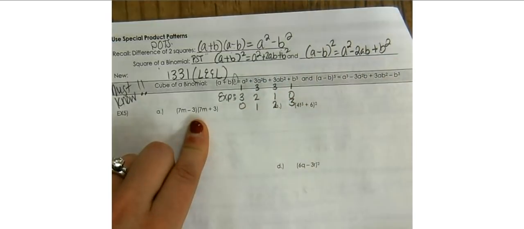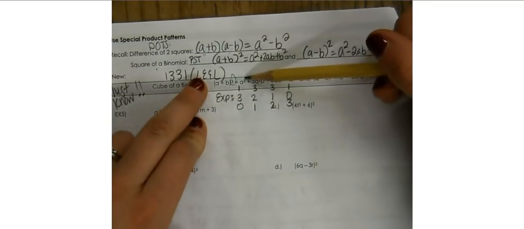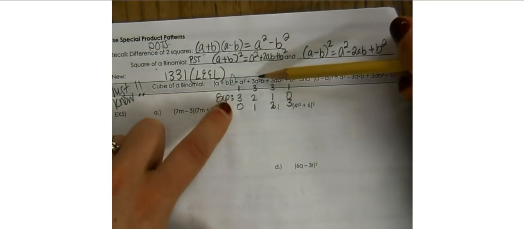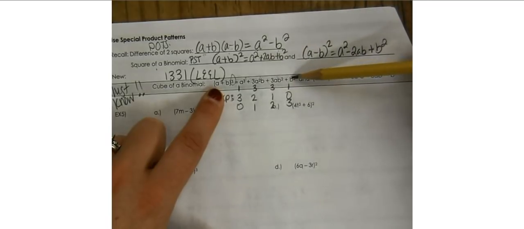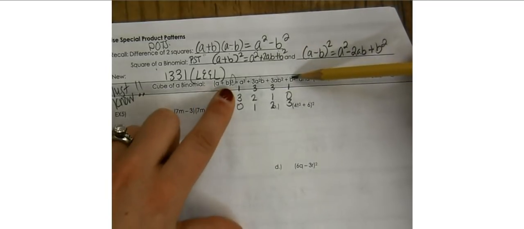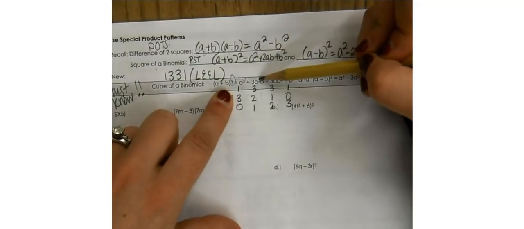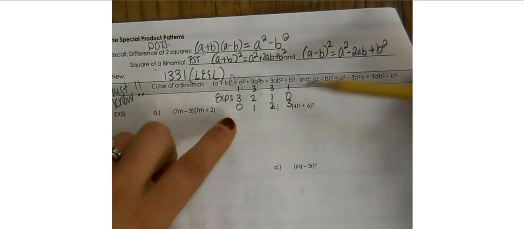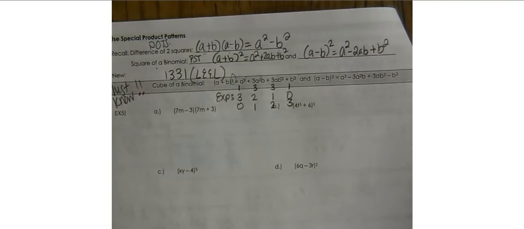With respect to the first term, it goes 3, 2, 1, 0, and with respect to the second term, 0, 1, 2, 3. That is the pattern. We'll explore this a little bit more.